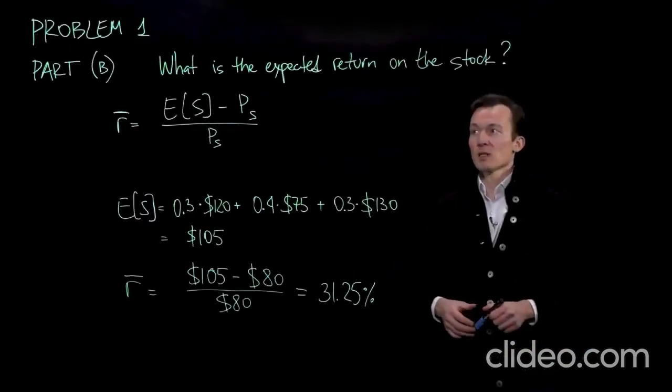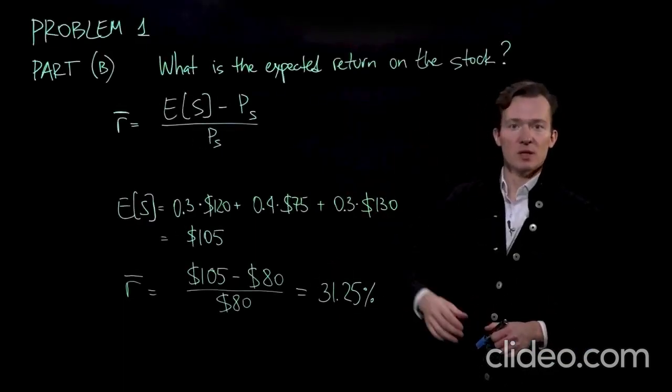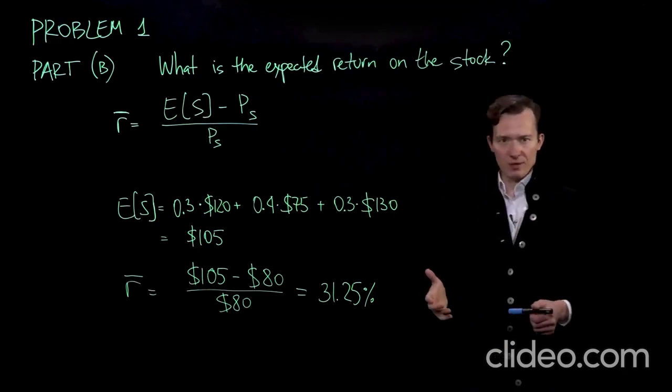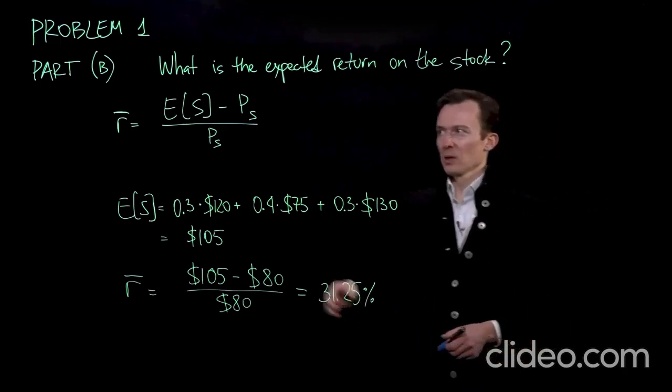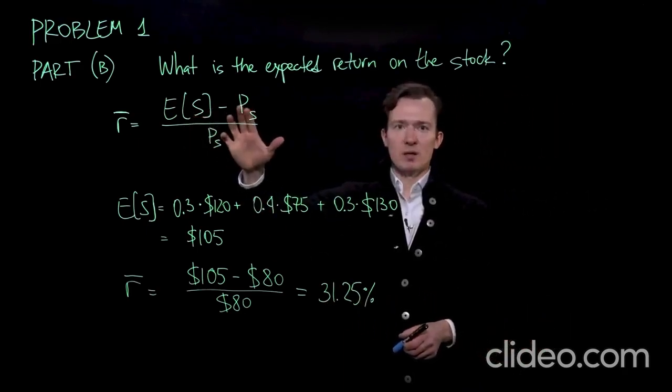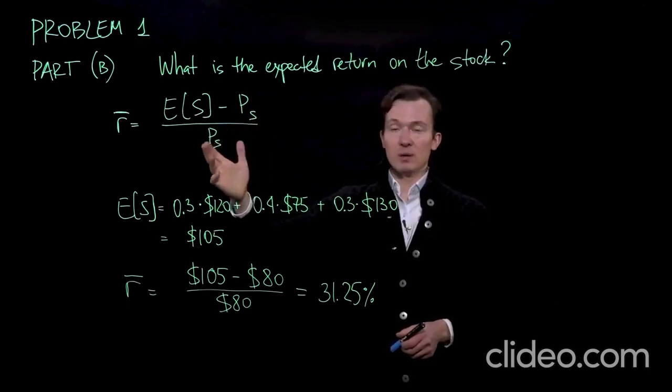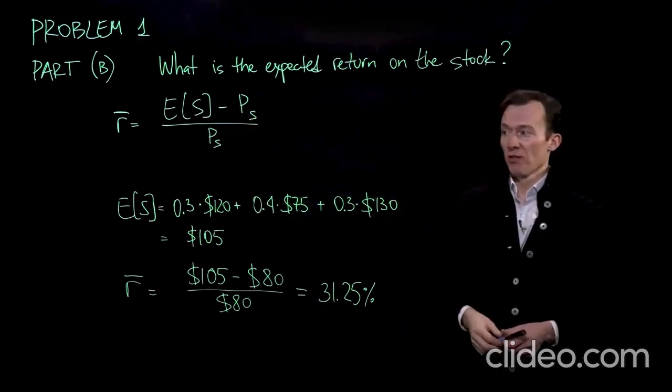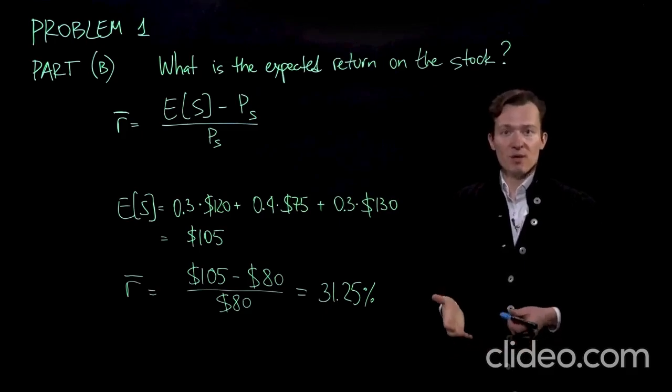Now, what is the expected return on the stock? Well, again, by definition, the expected return is the expected payoff minus the price of the stock, divided by the price of the stock. Well, we need to find the expected payoff from investing into the stock.